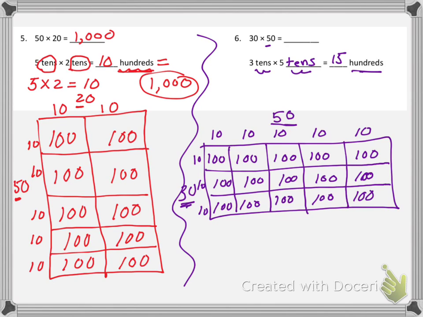And that is why we got 15 hundredths right here. So what does 15 hundredths look like? Well, 30 times 50 would bring us to 1,500. So 30 times 50 is 1,500.